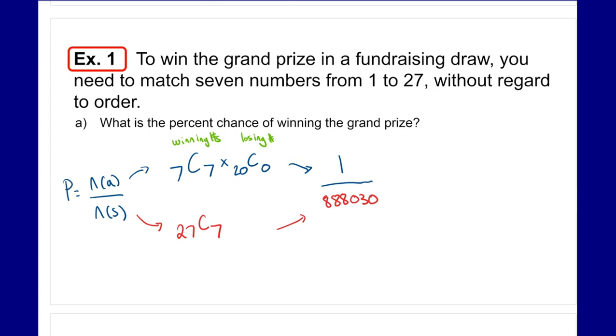So 1 over 888,030, that is the probability of matching 7 numbers without regard to order, or it works out to 0.0001126%. So a very small chance of winning, matching the 7 numbers.